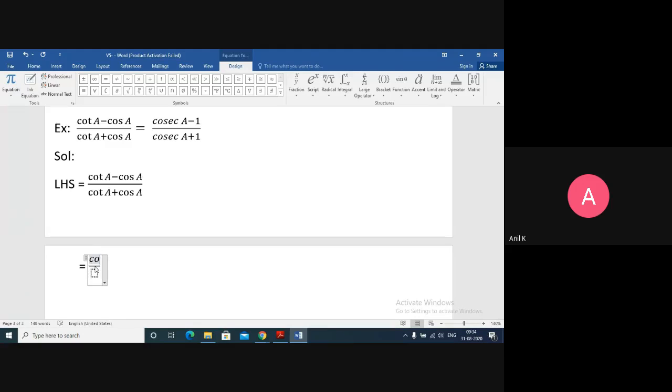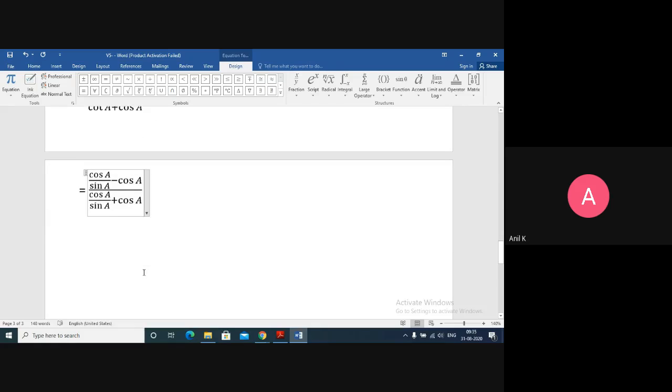What you can write as cos A upon sine A minus cos A. Again, cot A is there. You can write it as cos A upon sine A plus cos A converted into the fraction.